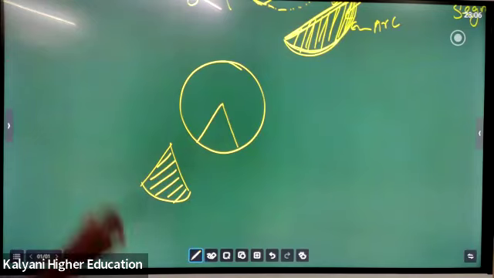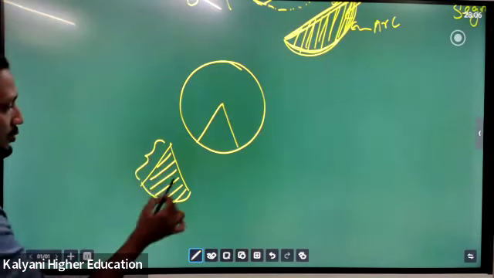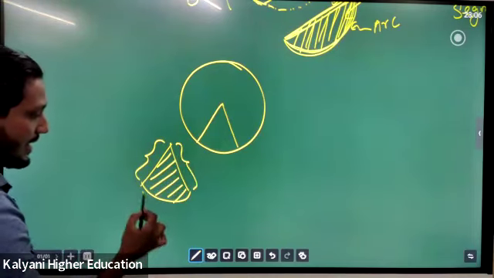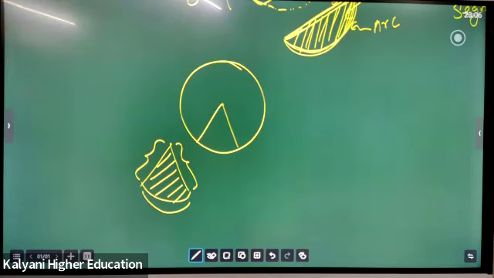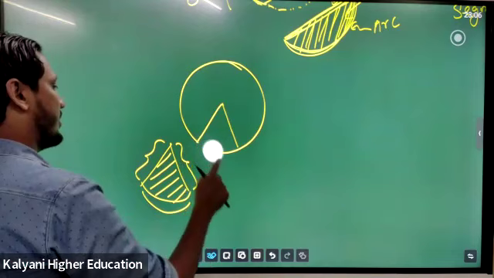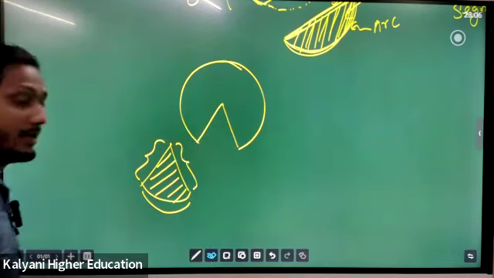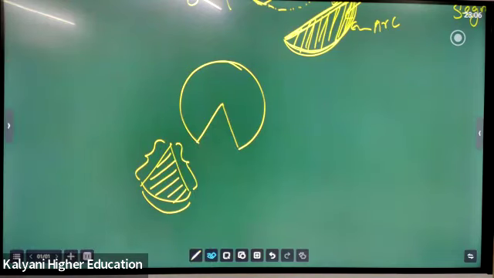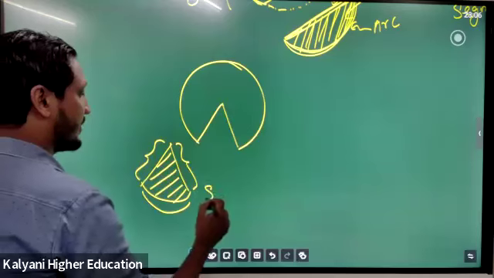And it's bounded with what? Two radii and an arc. So we call this a sector.